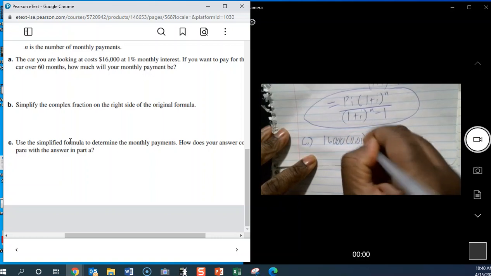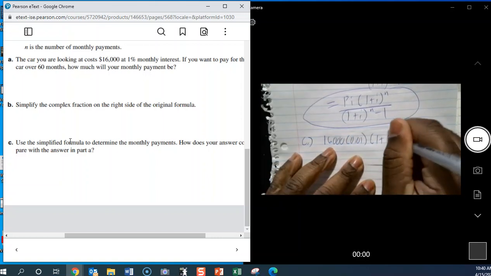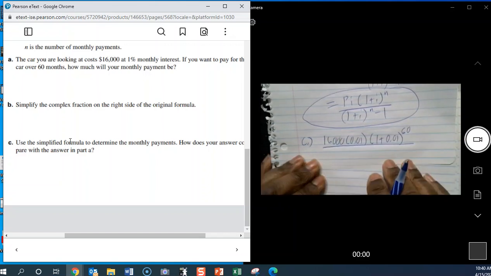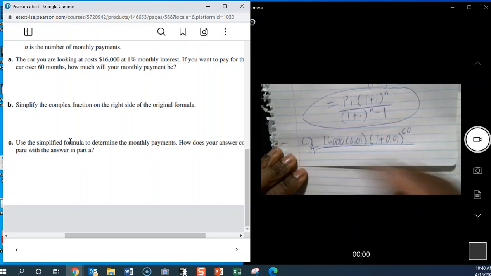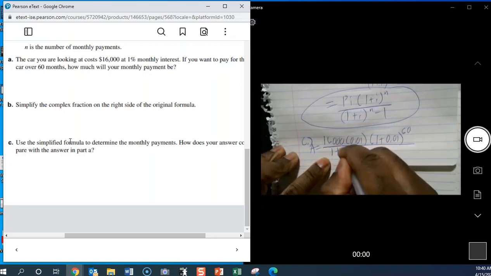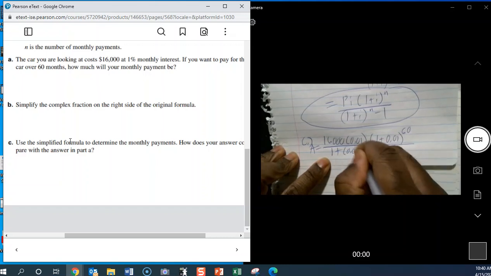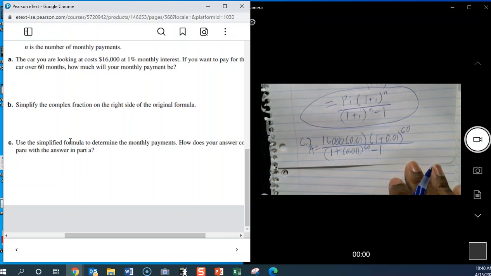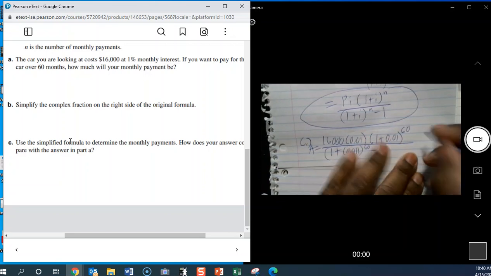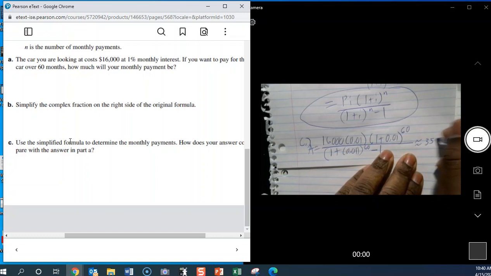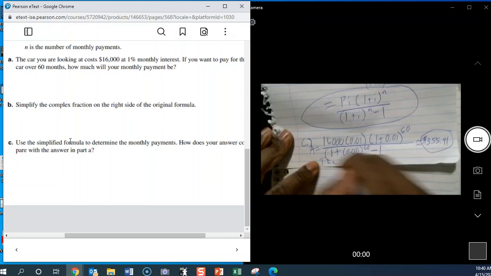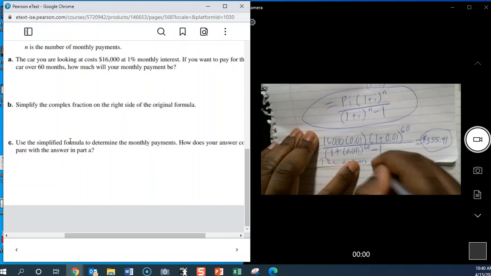I is 0.01 times 1 plus 0.01 to the 60th power, all over, actually I was supposed to write A is equal to, all over 1 plus 0.01 to the 60th power minus 1. Now when we put all this in our calculator, we'll end up with the same value, $355.91. So we could write the answers are the same.